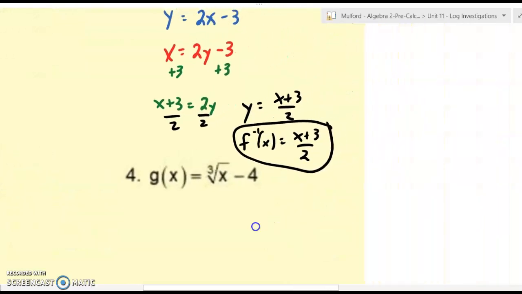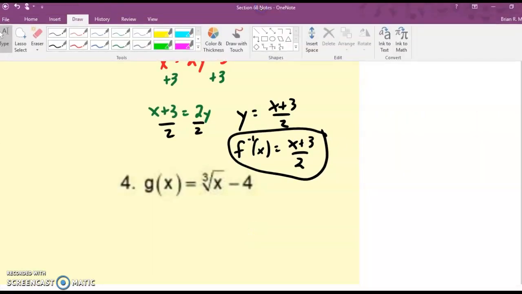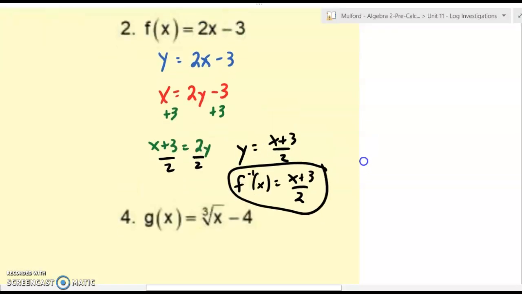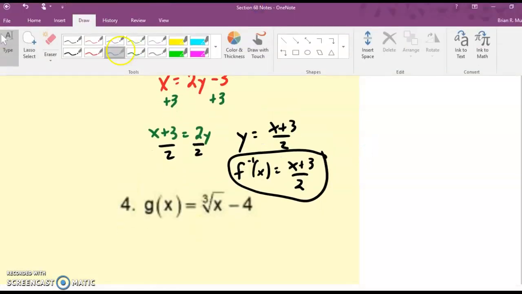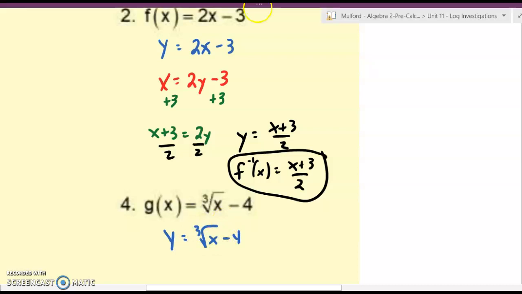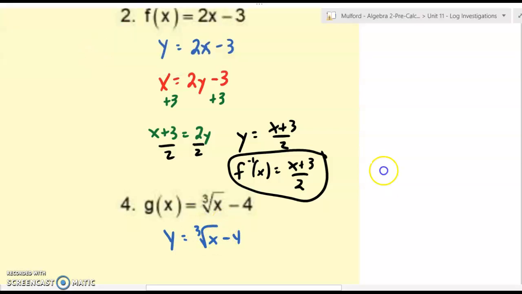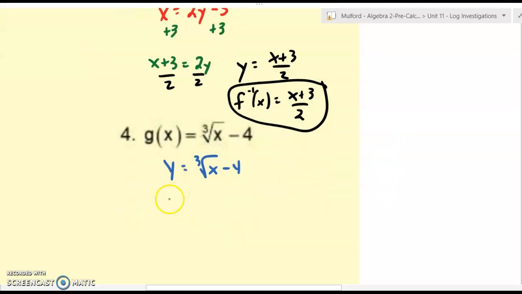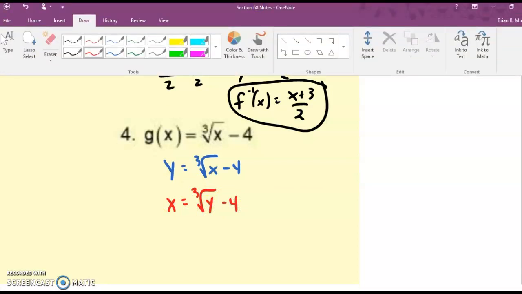Always works out that way. So what about a question like number 4? We have g of x equals the cube root of x minus 4. I'm going to do the same thing. I'm going to take my function and rewrite it as y equals the cube root of x minus 4. And then I'm trying to rearrange it after I've switched my variables. So now y becomes x and x becomes y. So I resolve.